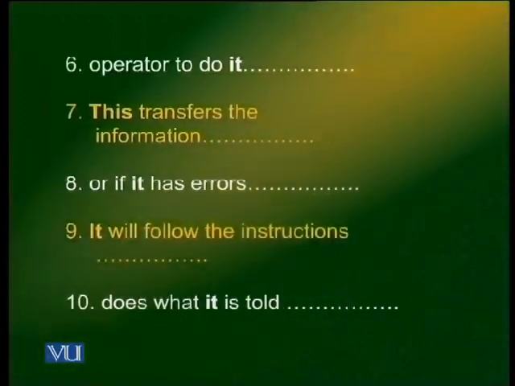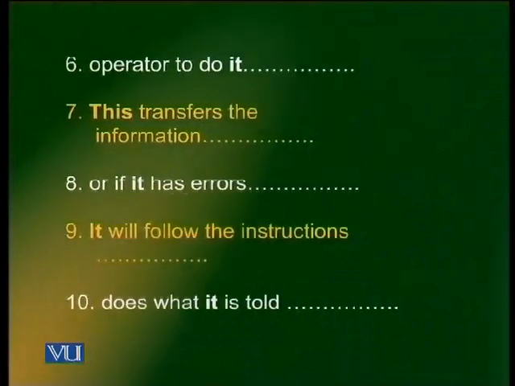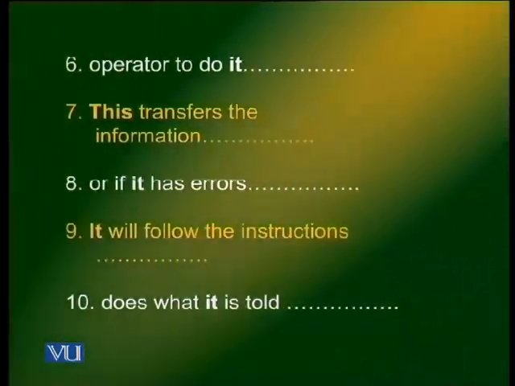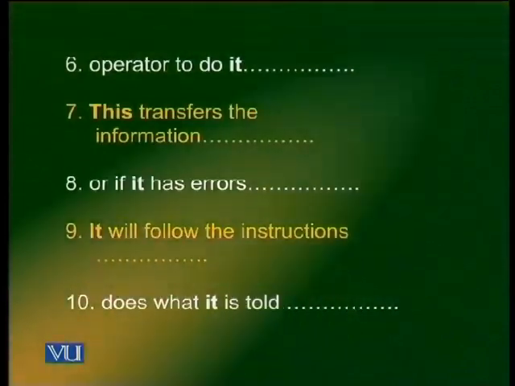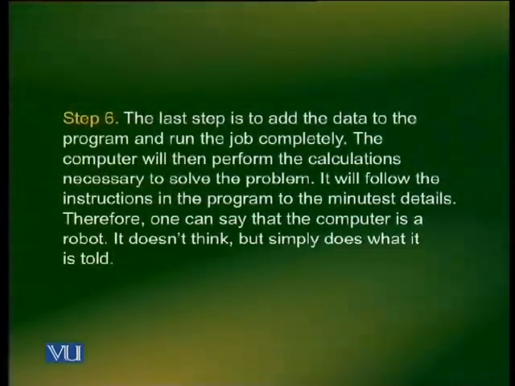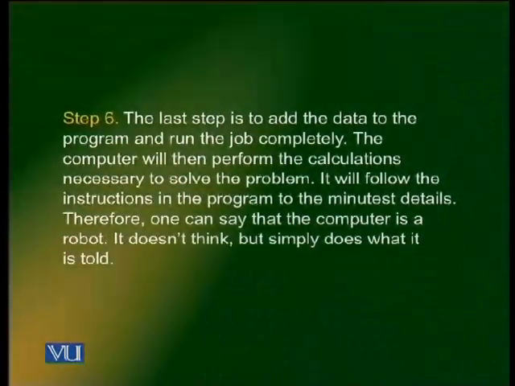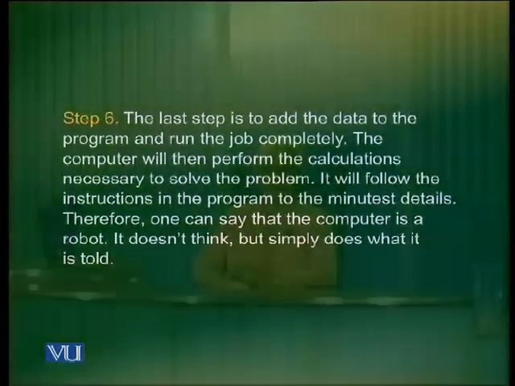And the last one, keep looking in paragraph 7 and locate the phrase does what it is told. What does the word it refer to? Refers to the word computer. Again, the word computer. So, those were 2 comprehension exercises.